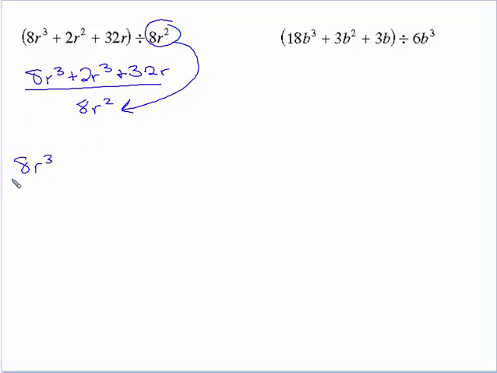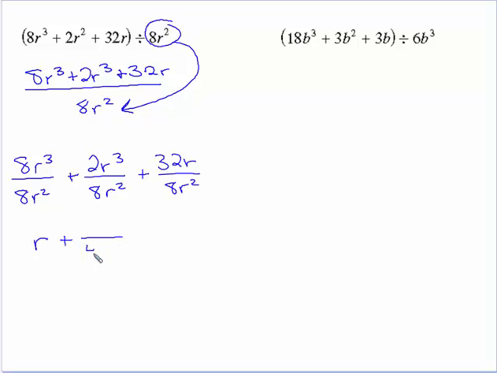So I have 8r to the third over 8r squared, 2r to the third over 8r squared, 32r over 8r squared. 8 divided by 8 is 1. 3 minus 2 is 1. 2 over 8 gives me a 4 in the denominator. 3 minus 2 is 1. And 32 divided by 8 is 4. 2 minus 1 is 1, and that's in the denominator.